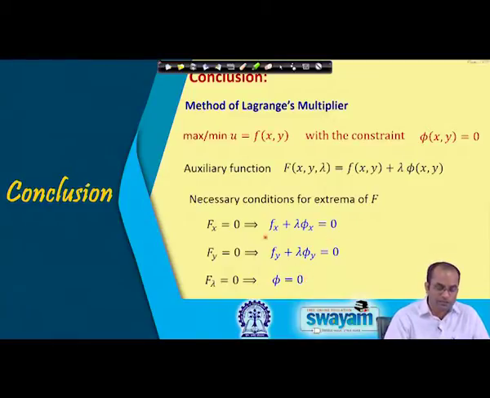So, out of these three equations we have to find all the points, meaning this x, y and lambda. All possible values of x, y, lambda we have to see which satisfy all these three equations, and then at all those points we have to compute the function value f x y and see where the function is attaining its maximum and its minimum.